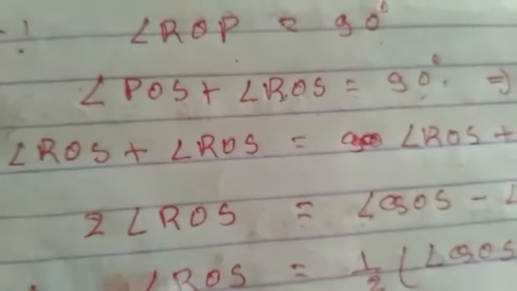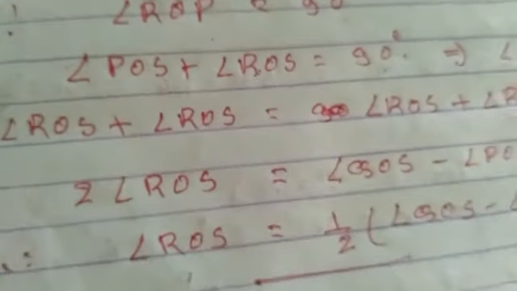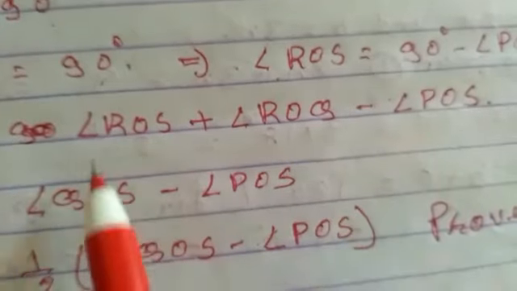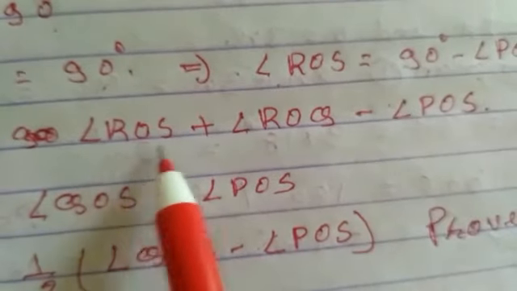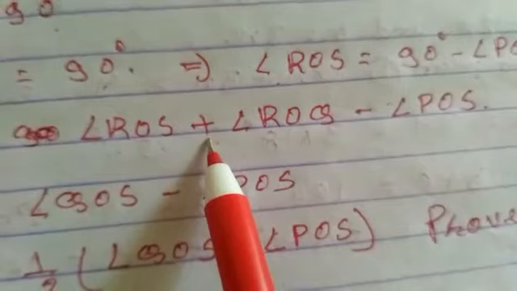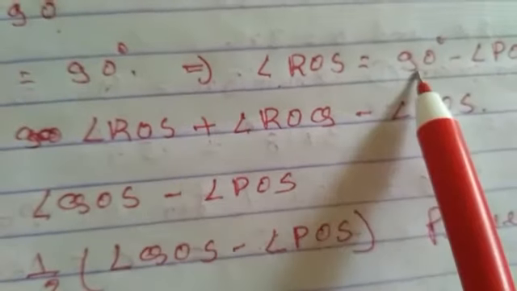So now we add angle ROS to both sides. Add angle ROS on both sides. So when you add angle ROS to angle ROS, it becomes angle ROS plus angle ROS, which is equal to, when we add ROS on the right side, angle ROS plus 90 degrees.